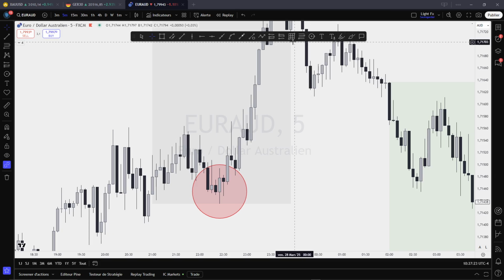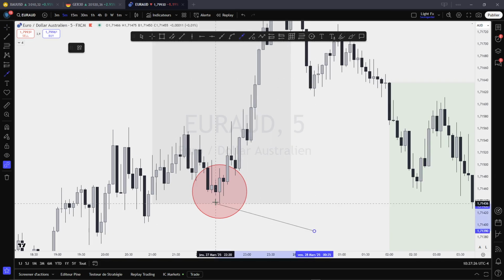We had this bearish candle close here, and then this bullish candle opened here and went up. What did price do when it returned here? It rejected. I can show you this by marking this line here.